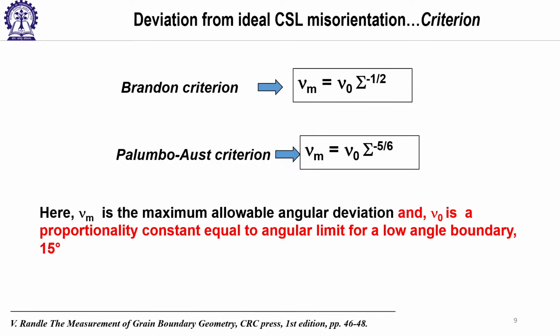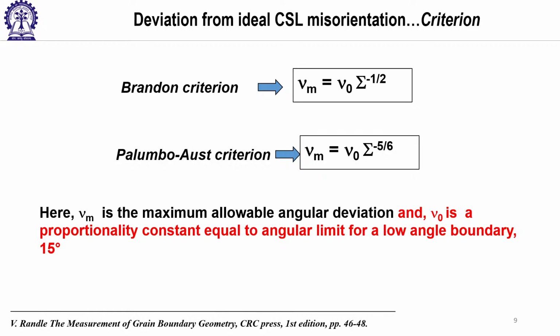There are two well recognized criteria. One is the Brandon criteria, this is very old but very well accepted. The other is the Palumbo-Aust criteria, a relatively new one. New means not in the previous century.